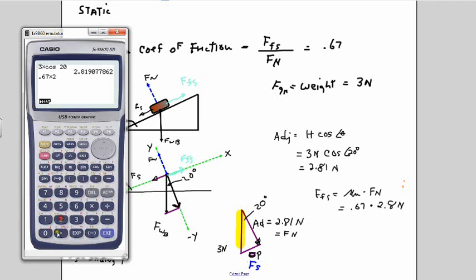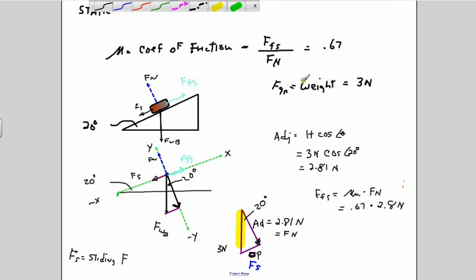I got 1.88 as an answer, so the force of friction is equal to 1.88 newtons. I'll put that in over here too. That's what's trying to hold it back while gravity is trying to slide it in this direction.